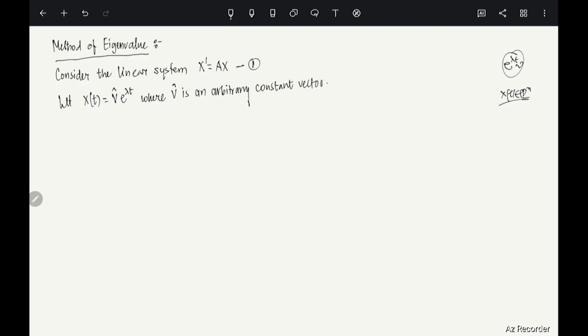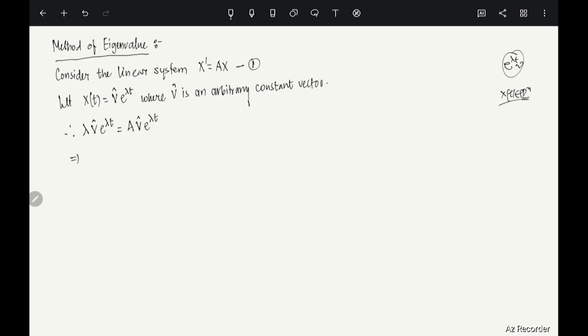Clear? Now if this is a solution of this problem, then of course that solves equation 1. So if it solves 1, what is x prime of t? It is nothing but lambda v e to the power lambda t. And that will be equal to what? A remains A, and x will be replaced by v e to the power lambda t.